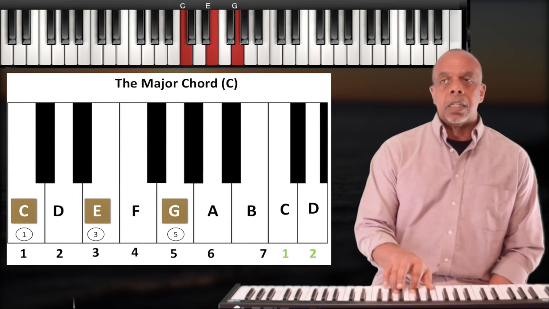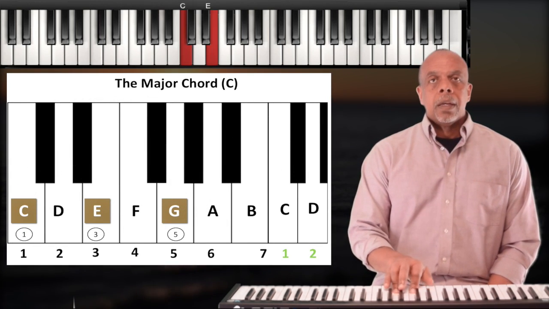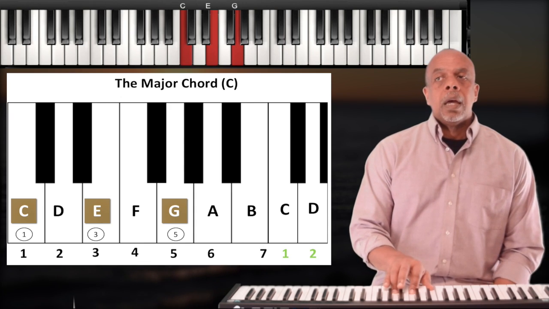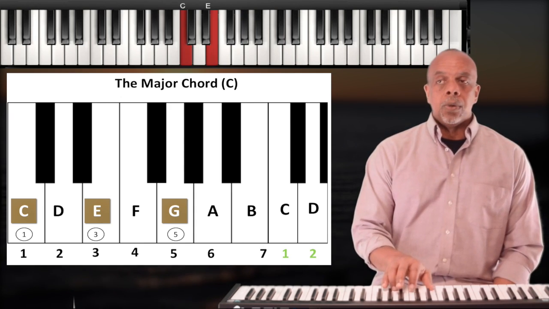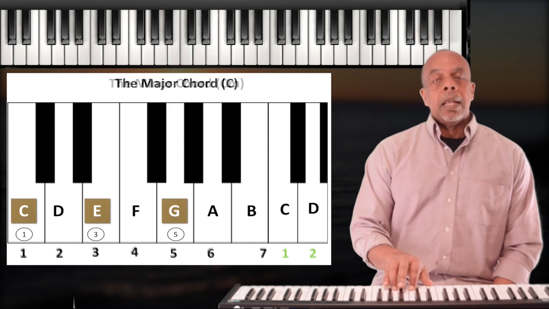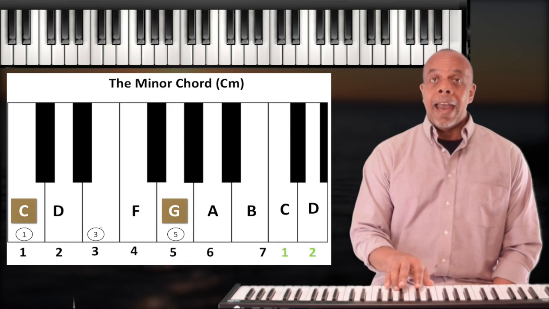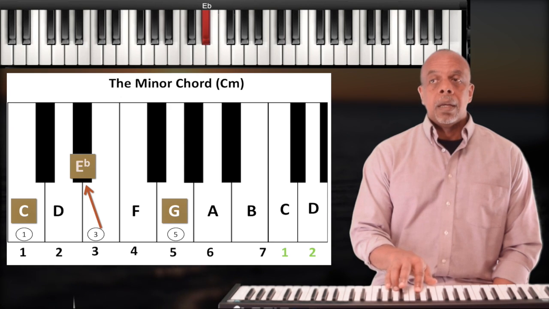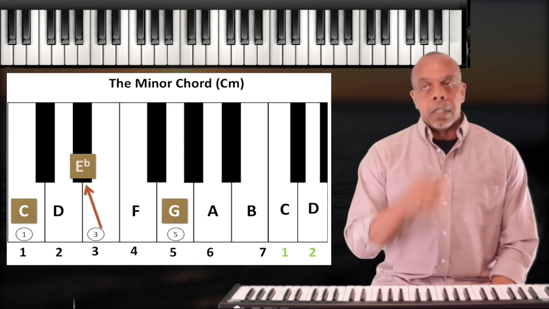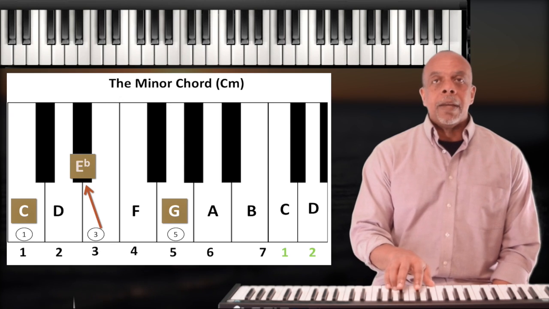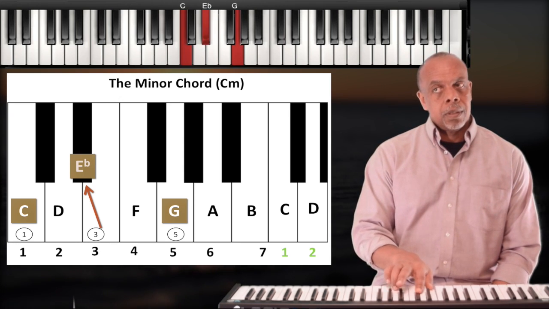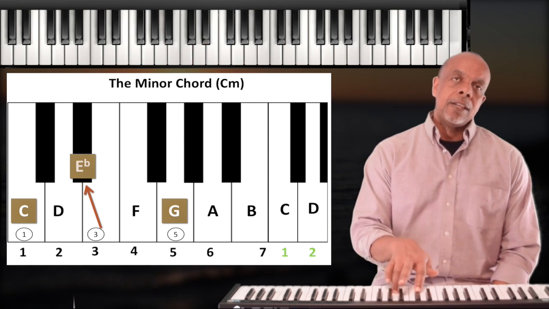If I just played the C, 1, 3, 5, that's a major chord. Now, if I lowered the third, the E, a half step, to E flat, now I have made this a minor chord. C, E flat, G.